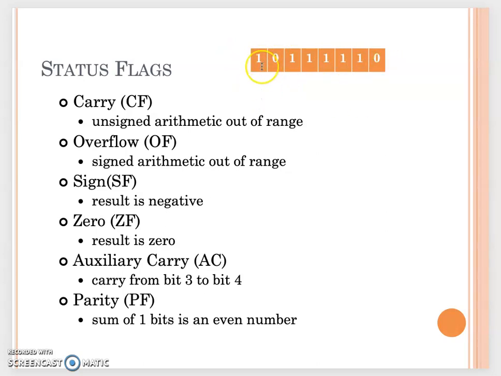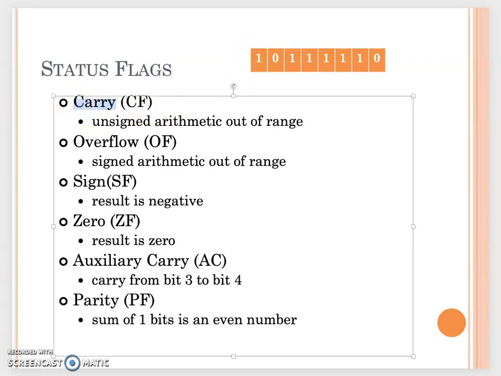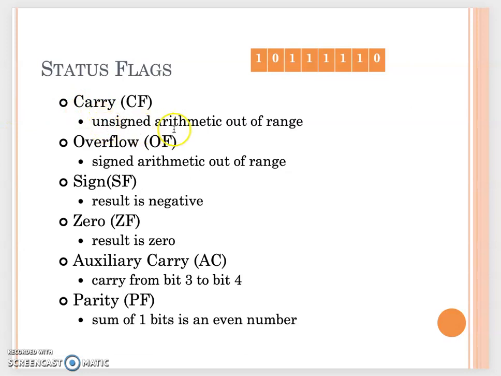In your 8th bit, maybe you need to carry out a 1 to the 9th bit. However, since we only have 1 byte, that 9th bit cannot be saved anywhere. So in that situation, after the instruction, the carry flag will be set. The carry flag is used for unsigned arithmetic.